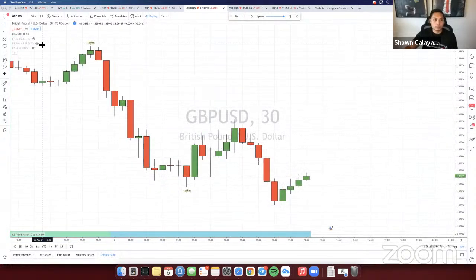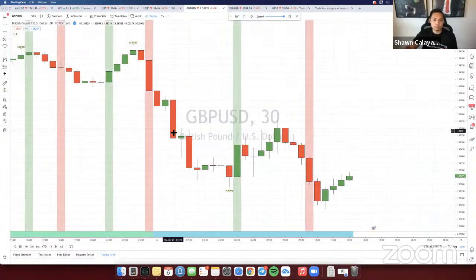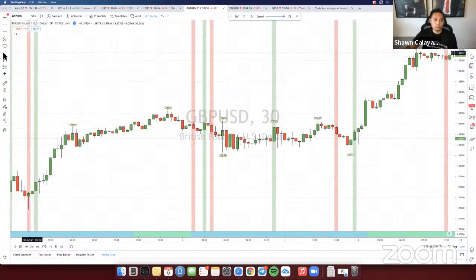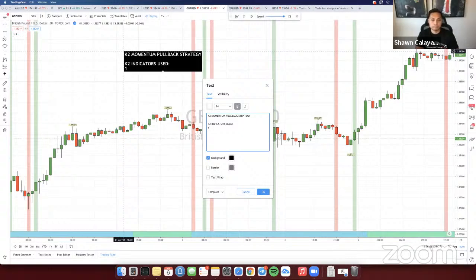Okay, perfect. So for this strategy right here, the indicators that we're using, I'll just put it here. K2 momentum pullback strategy. K2 indicators used are going to be the K2 momentum indicator and K2 trend meter.